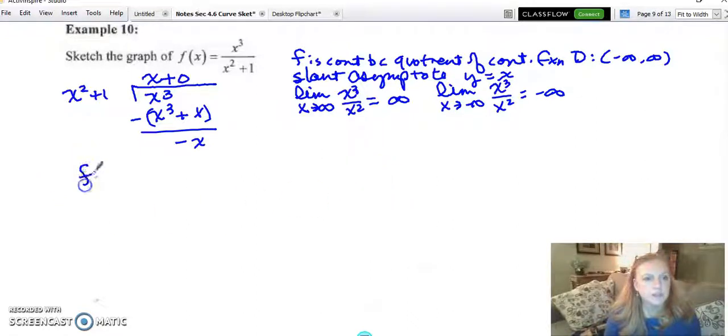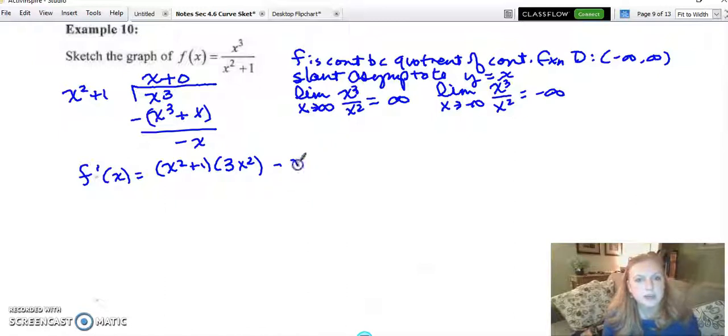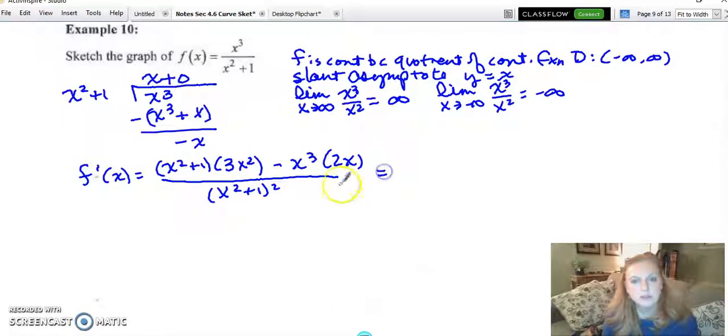Let's find our derivative, f prime of x. So low d high minus high d low, 2x, all over low squared, x squared plus 1 squared. Let's simplify really quick. We can pull out an x very easily. That's going to leave us with 3x cubed plus 3x.